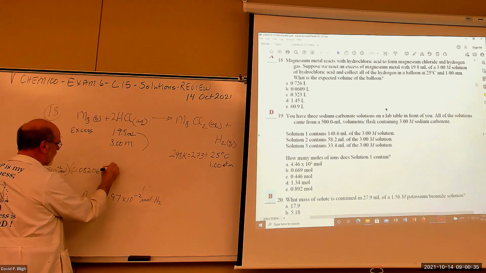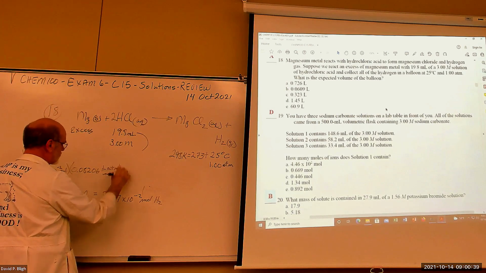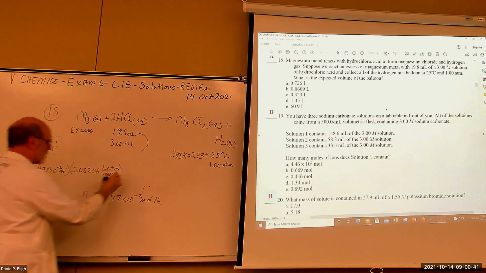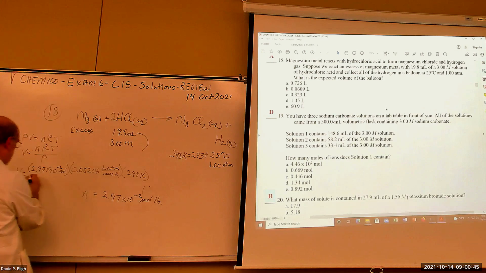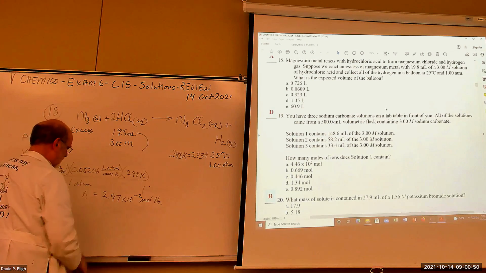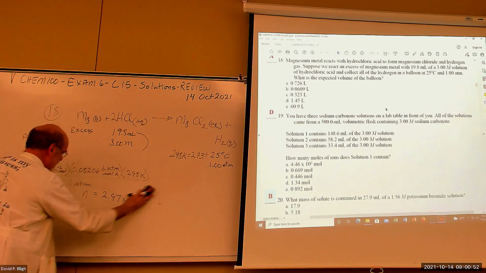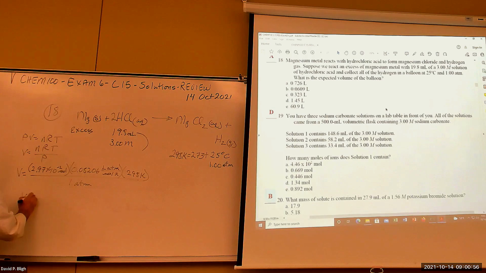0.08206 liter atmospheres per mole K. And temperature is 298 K. All of this is divided by 1 atmosphere. So now we just solve that equation. I've already got that in my calculator, so 0.08206.